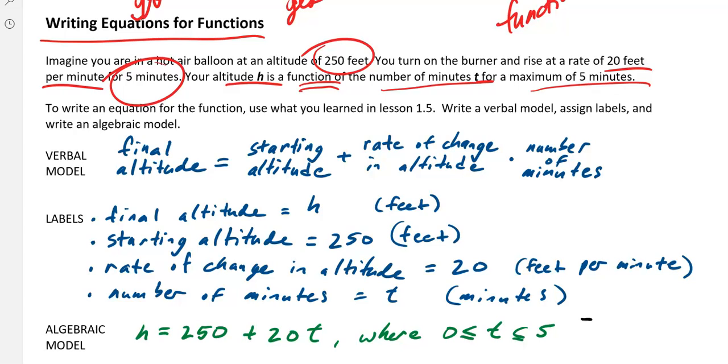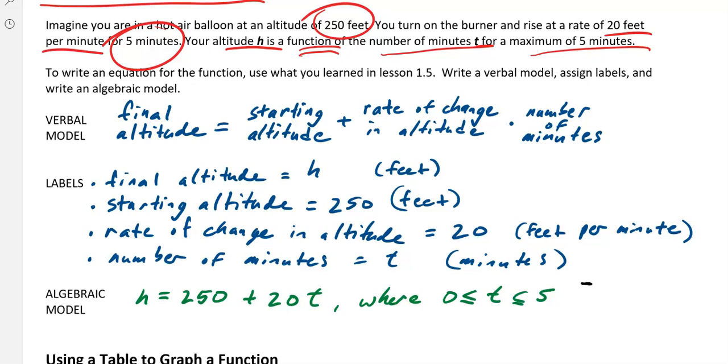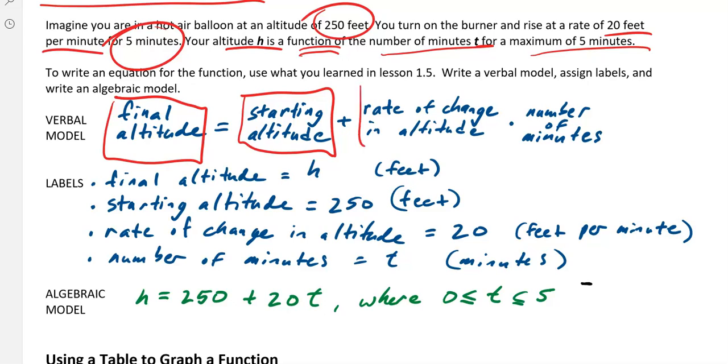Okay? So let's take a look here. Here's our verbal model. We know that our final altitude is going to be equal to our starting altitude plus the rate of change in altitude multiplied by the number of minutes that we're increasing our altitude.